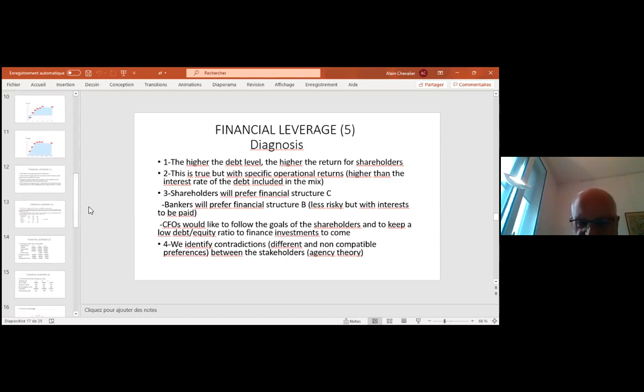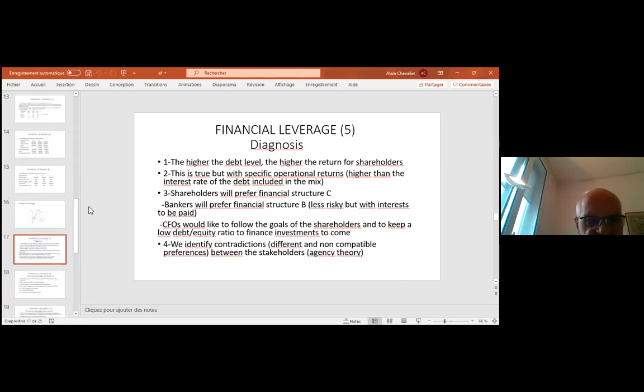Second, we went through leverages, operational and financial, concentrating on financial leverage because it is the course on financial leverage, trying to show you the consequences of different debt equity ratios on the return for the company as a whole, on the return for shareholders.